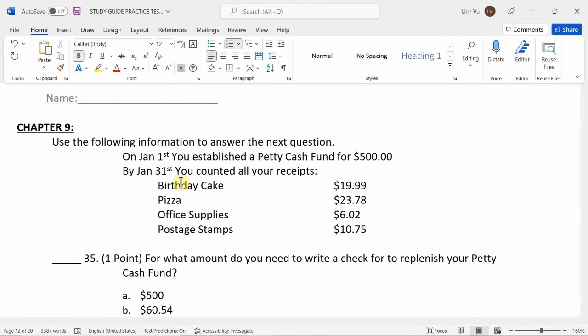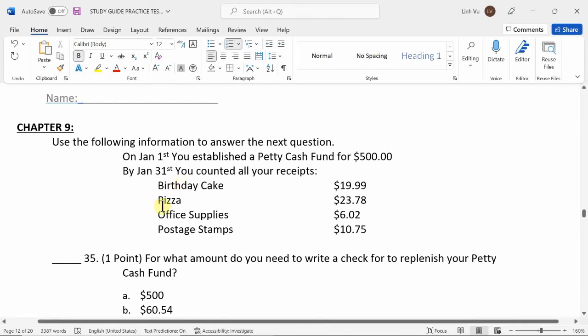Use the following information to answer the next question. So if on January 1st you establish a petty cash fund for a total of $500, and by the end of January 31st you counted all your receipts. So in this case, you purchased a birthday cake for $19.99.